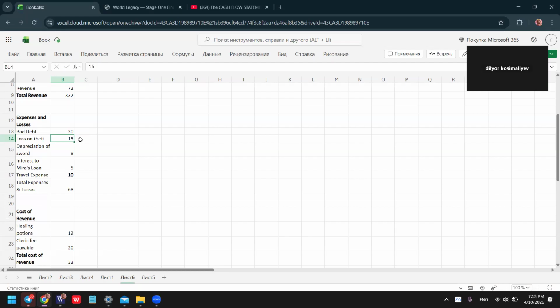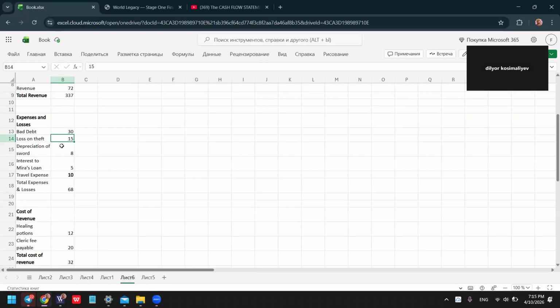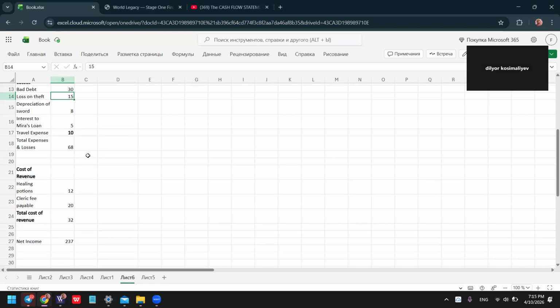The purse had 15 gold pieces inside of it, so it's also a loss of cash. That's why we don't record it here. It doesn't need adjustment, so we skip this one for now.